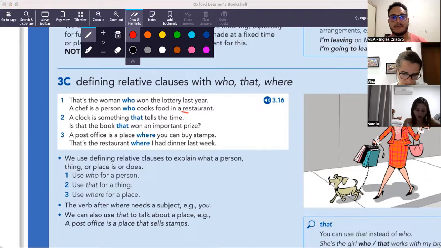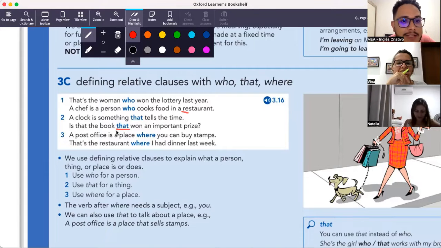A clock is something that tells the time. Perfect. Keep going, Vina. It's the book that won an important prize. Very good. And guys, did you pay attention that that is related to the book?